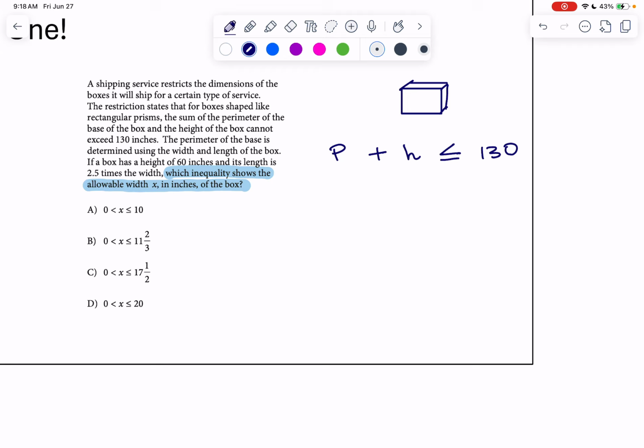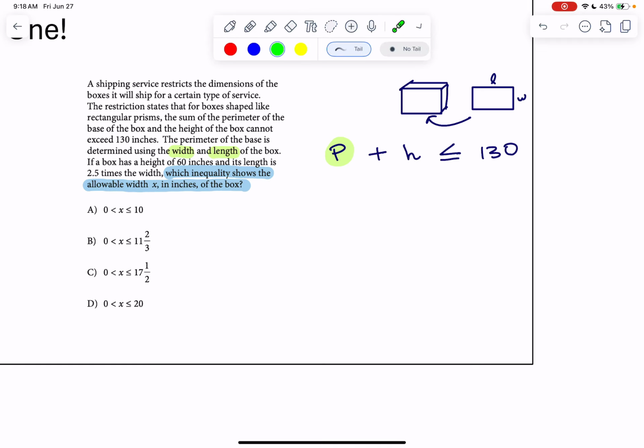Then it tells us that the perimeter, this guy right here, is determined using the width and the length of the box. So if I am looking at the base of the box, it's a rectangular prism. It has a width and it has a length. The perimeter is the thing that's going along the outside of the box. It's this.